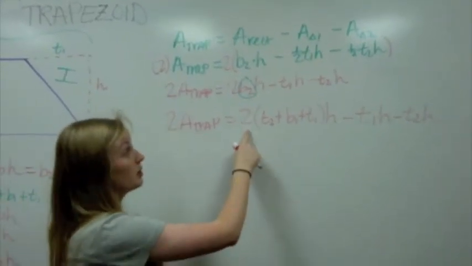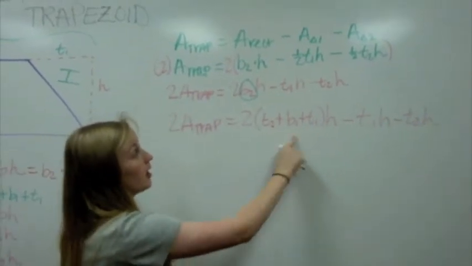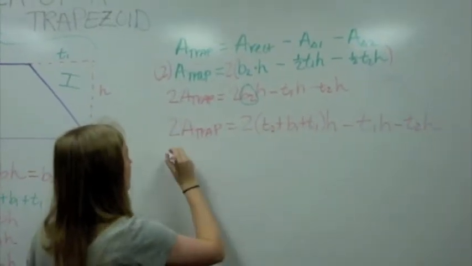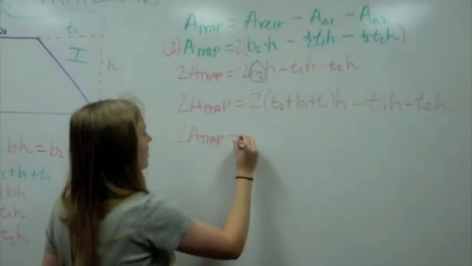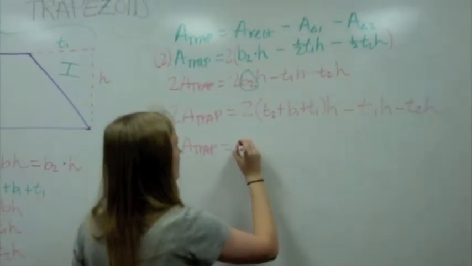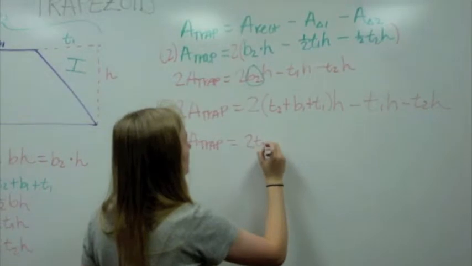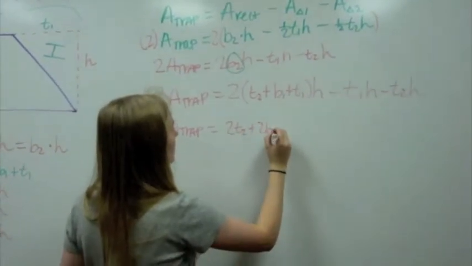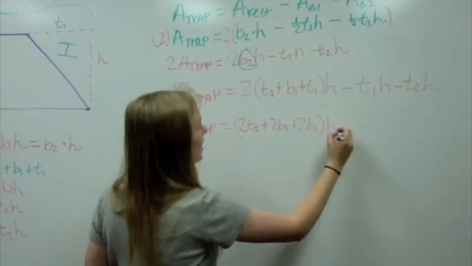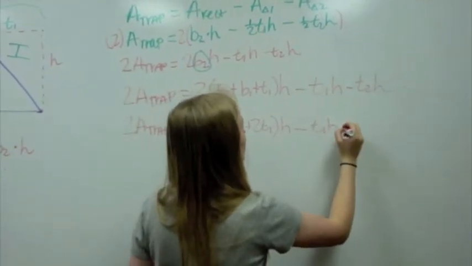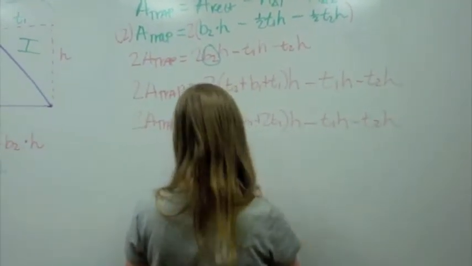Okay, so now let's distribute the 2 into our group of terms here. So we have 2 times the area of the trapezoid equals 2T2 plus 2B1 plus 2T1, all of that times H, minus T1H minus T2H.